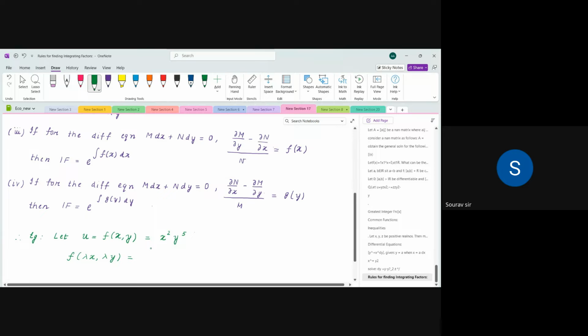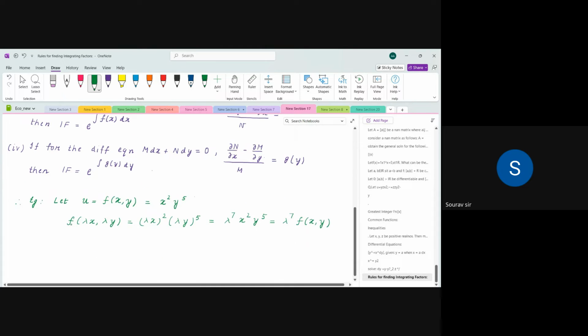Correct. So basically you are writing this, and from there all the lambdas come together and you get this. Now try to focus on this last step.